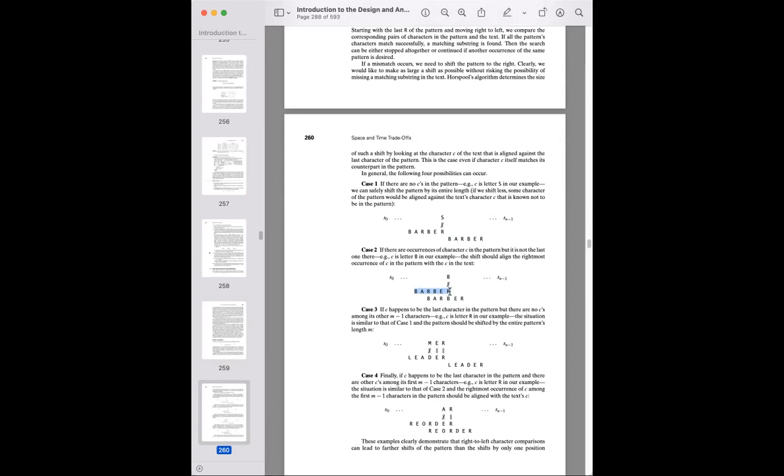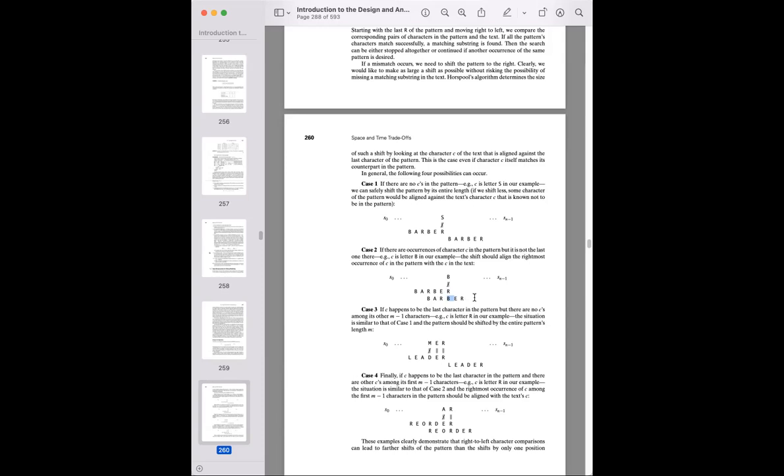We know it's not going to fit, but we can move that over to line up this B. When you move that over and line up this B with that B, you can then match. I mean, we see this doesn't match either because these don't match, but you can then move on and do another search. So you're moving over by however far you can till you get to that first letter.